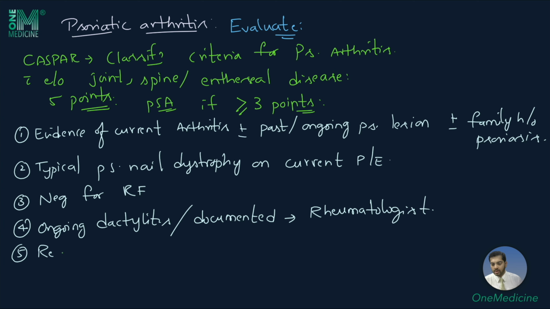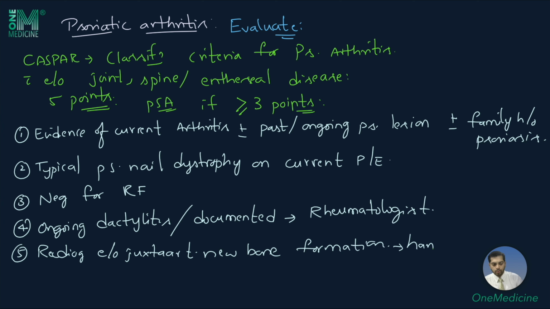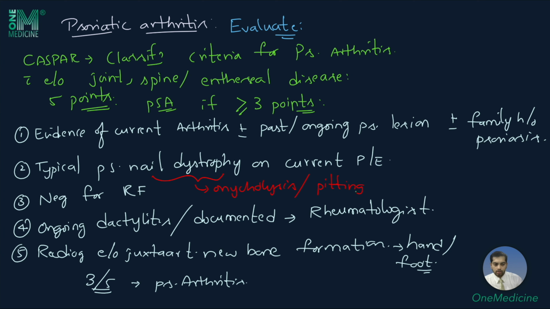And patient should have a radiographic evidence of juxta-articular new bone formation in hand or foot. So as mentioned above, any patient with 3 out of the 5 points is said to have psoriatic arthritis. The nail dystrophies usually described include onycholysis or pitting or hyperkeratosis.